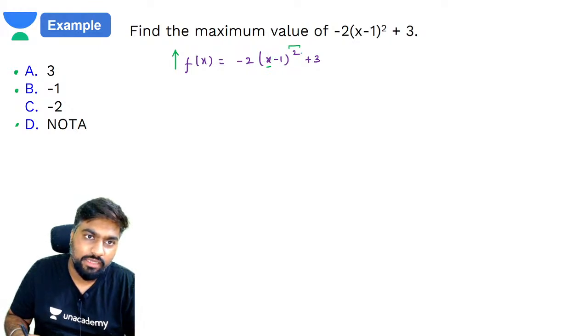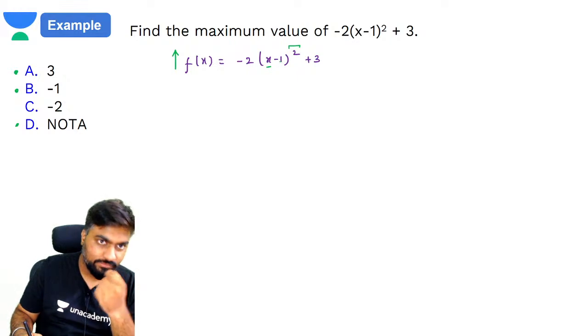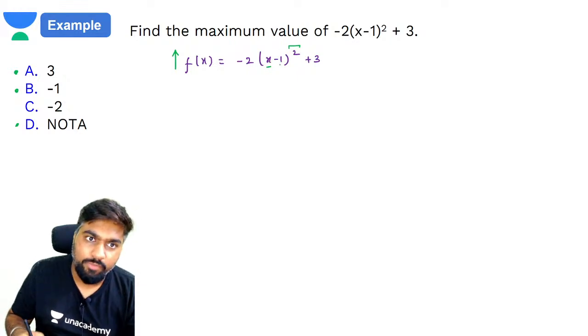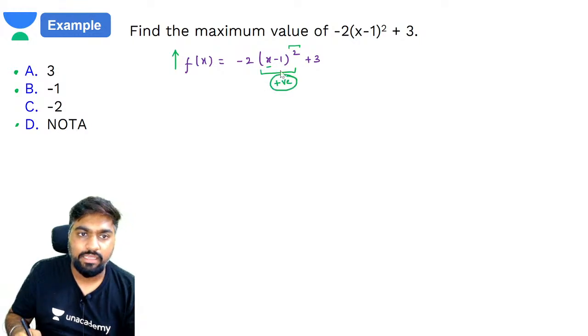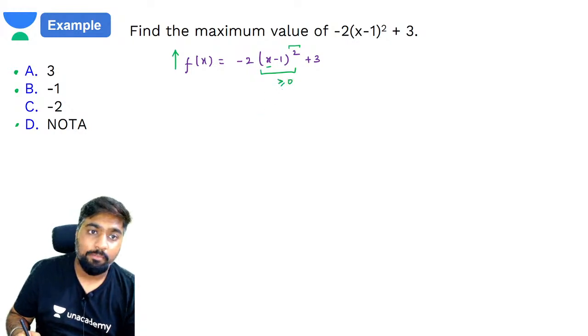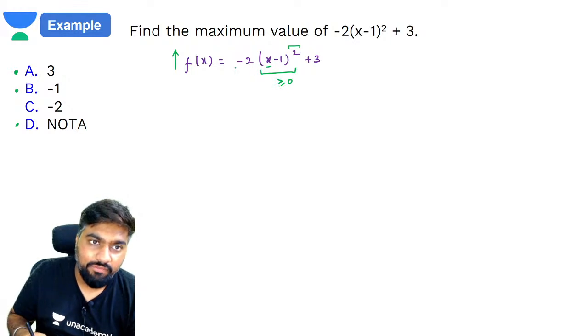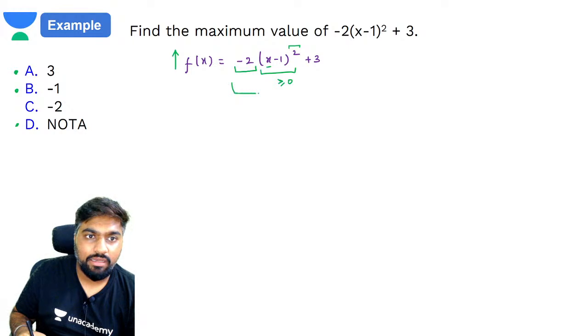to be a positive value because there is a square. Yes, this will turn out to be a positive value only. Yes or no? This will always turn out to be a positive value, or at least greater than or equal to 0. But what do I have? I have a -2 here. So when I multiply a negative number to a positive number, what will I get?